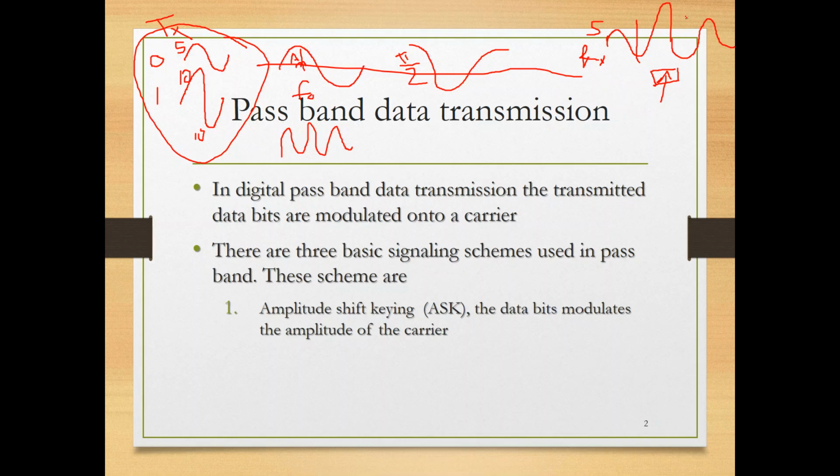In the next period, I see that the amplitude of the signal is 10. Since amplitude 10 represents 1 in the mapping rule, the receiver understands that most probably the transmitter transmitted 1. So this is basically the first type of modulation. We call it amplitude modulation: changing the amplitude of the sinusoidal according to the data bits you want to transmit.